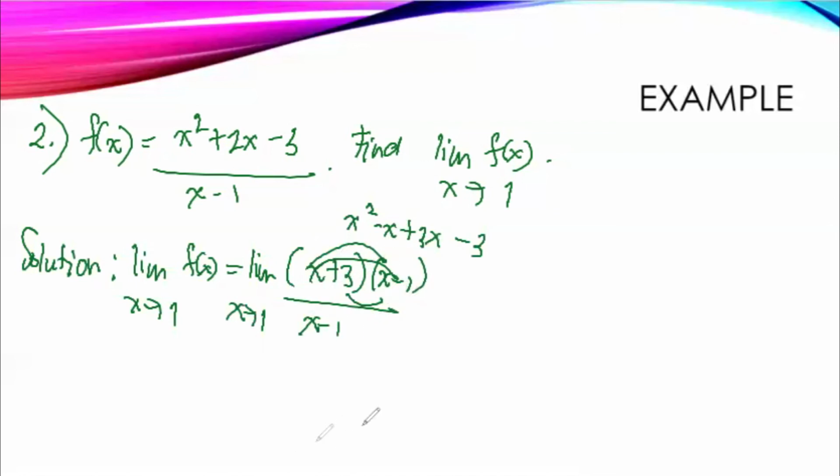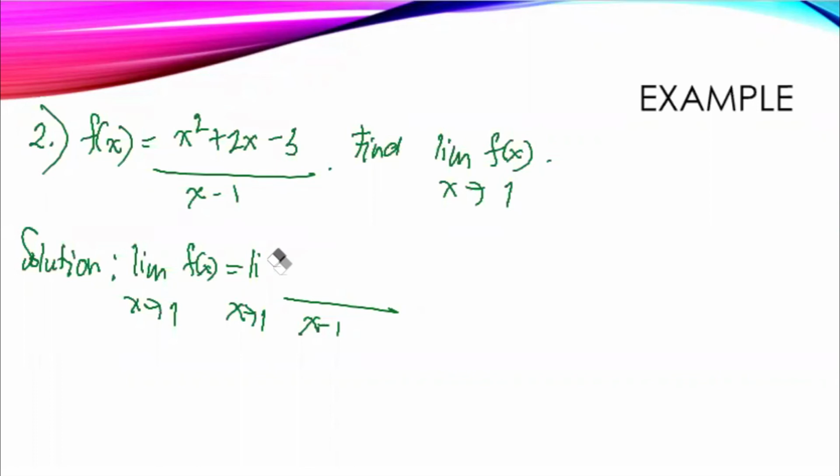Okay, so let's erase this one first to make this clear. So the limit of f of x is equal to x plus 3 times x minus 1, over x minus 1.